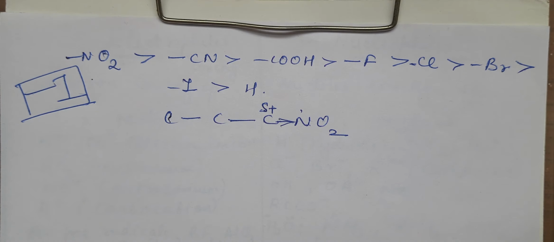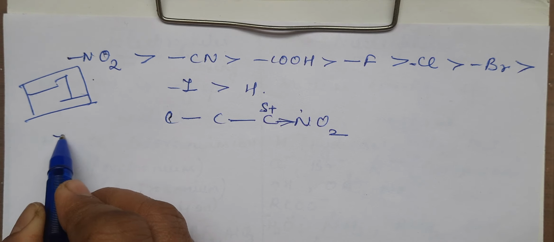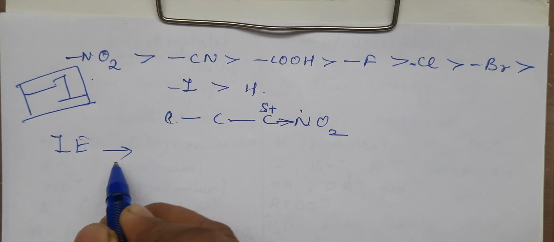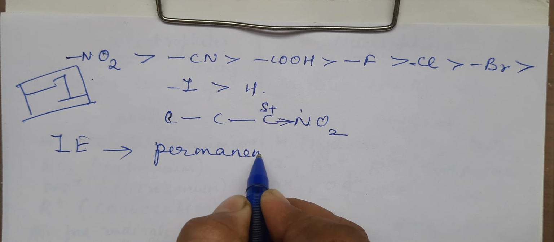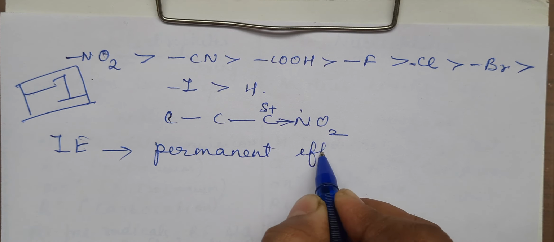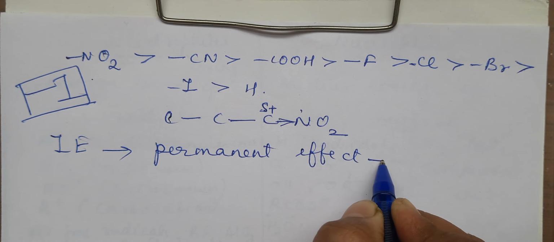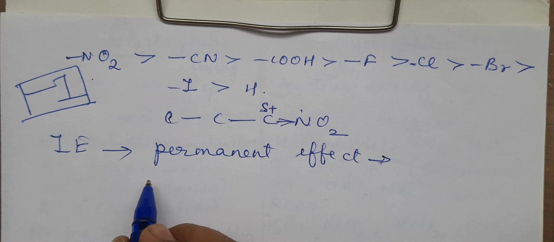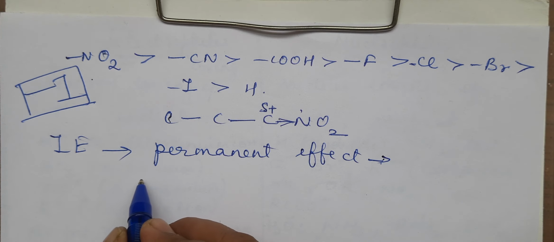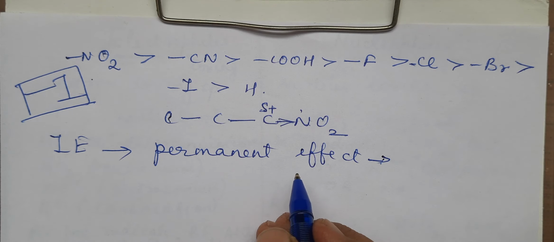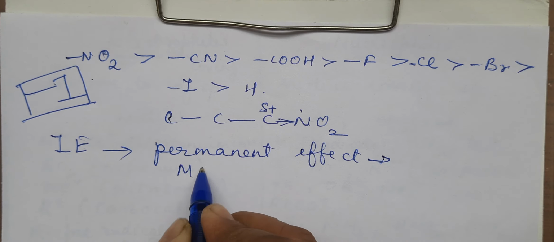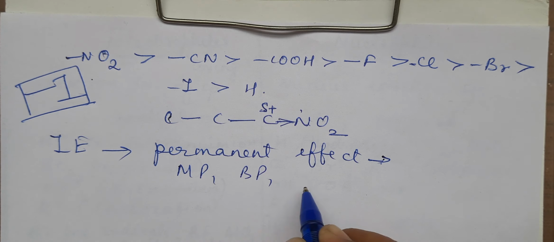When they are present in the group, definitely the properties will be affected. So what we can say, inductive effect is a permanent effect. Why? Because they are present in the molecule, so definitely they are going to affect the properties. Certain properties get affected: melting point, boiling point, dipole moment.